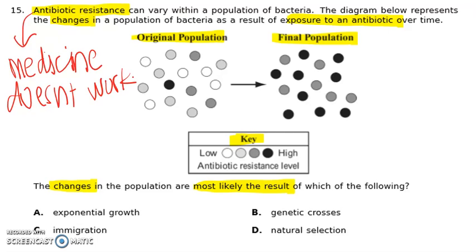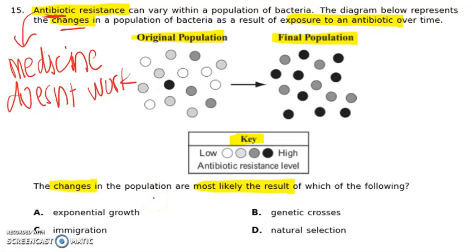Remember, antibiotics work on living things like bacteria. Okay, so some bacteria already have an adaptation, a trait that allows them to be resistant to our medication. And what we're going to see is over time a change in the bacteria population. Okay, and the question is asking us why. Why are those changes going to take place?